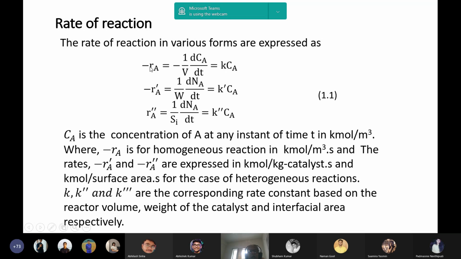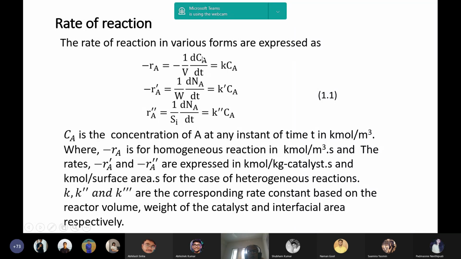So if we write the rate equation in this form, it is homogeneous type, and the other two are heterogeneous rate equations. In heterogeneous rate equations, we have to calculate the weight of catalyst or find the interfacial area. In the first case, homogeneous reaction, we have to find out the volume of the reactor. So what do you mean by reactor design?